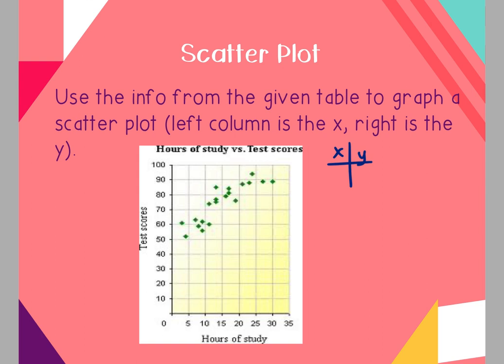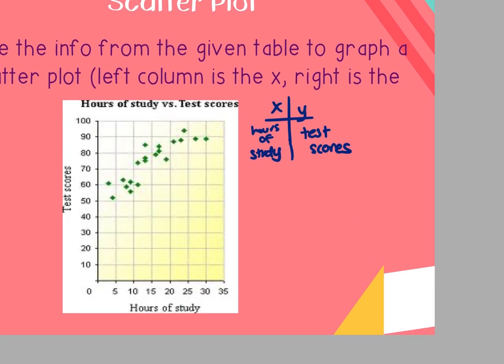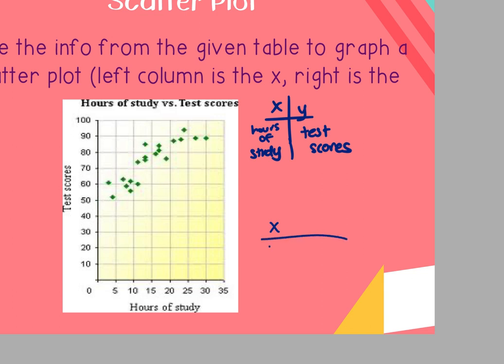So in this case, the x would be your hours of study, and the right would be the test scores. If it's horizontal, then the x is on the top, the y is on the bottom. This is still hours, and this is still scores.